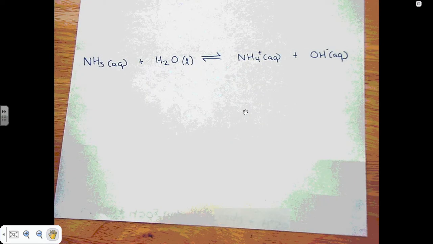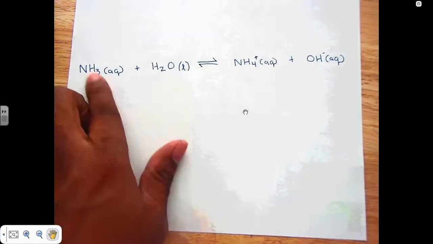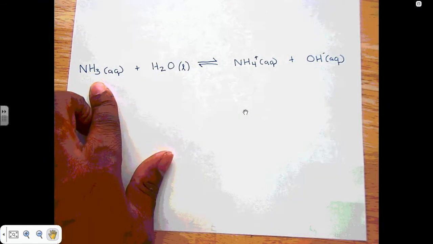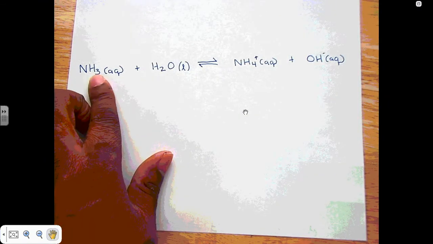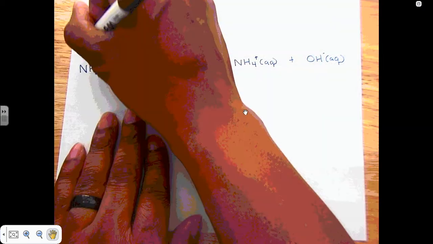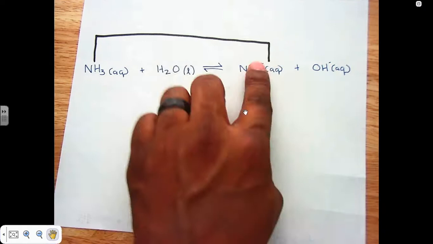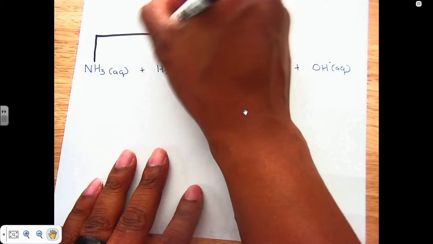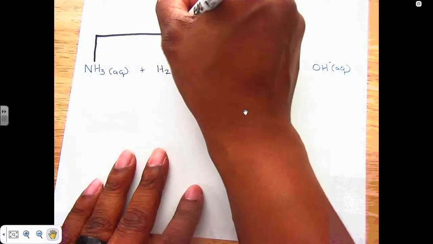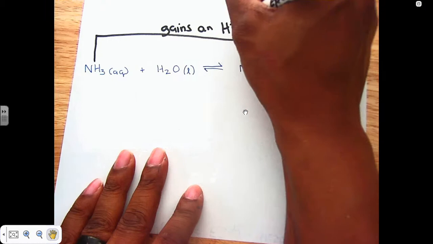Well, let's look at it this way. This guy goes from having 3 H's to now having 4 H's. So going from here to here, this guy somehow gains an H, or a proton.